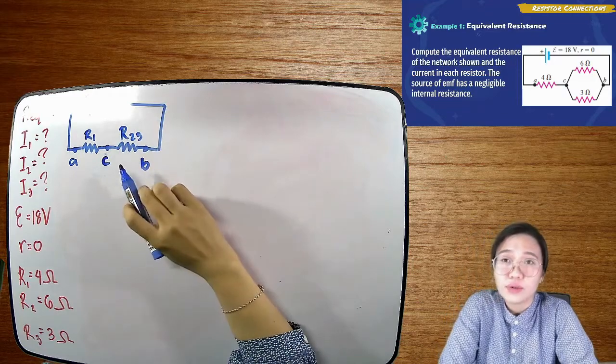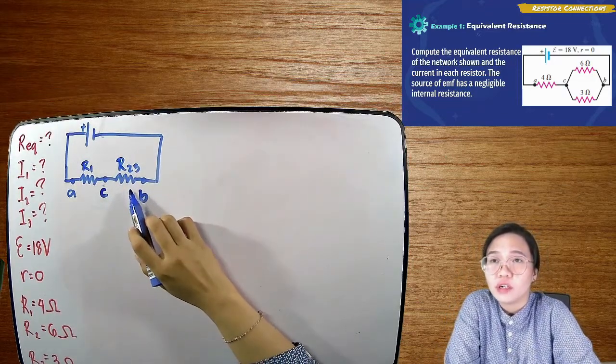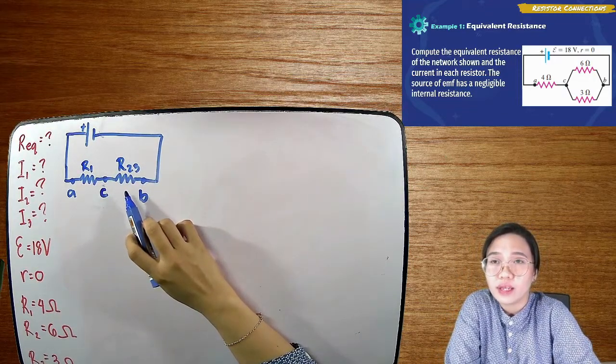This is the combination of our two resistors, R2 and R3.